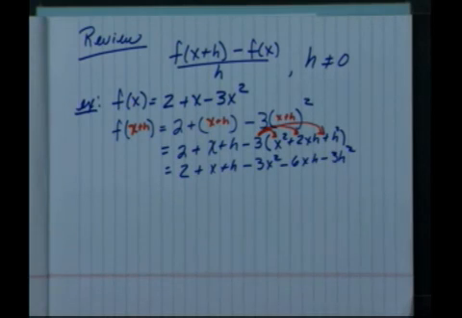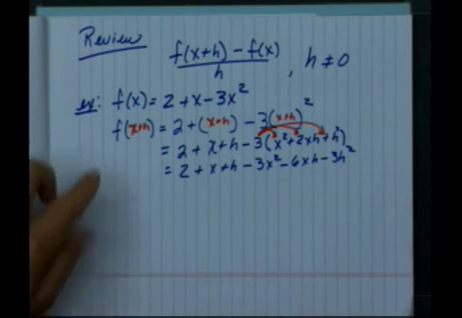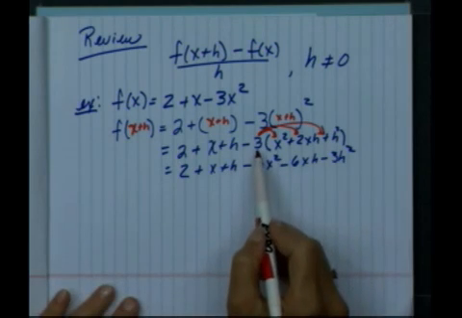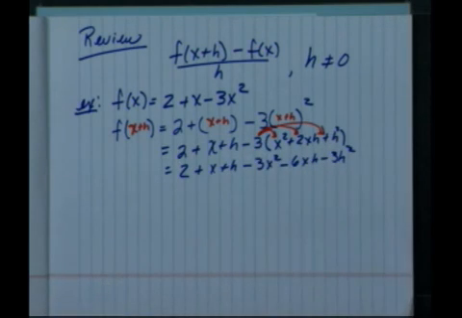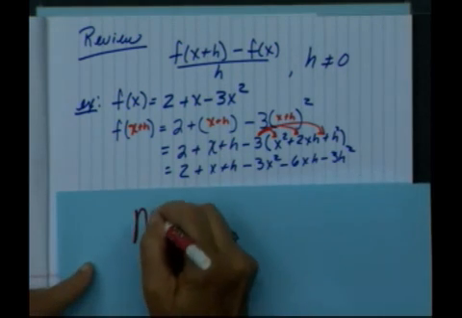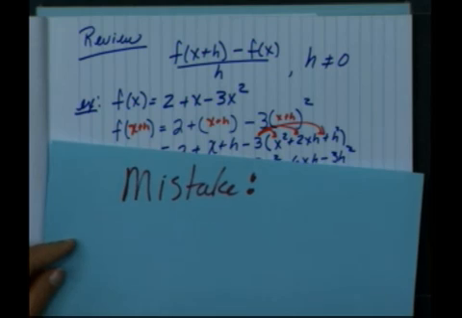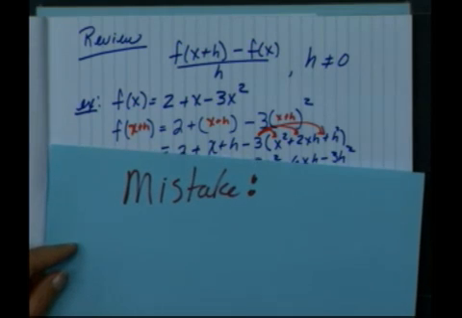All right, so the step that I've seen mistakes on so far is distributing the negative, or I've also seen this mistake. I'm going to label this mistake so you don't write this down, because then it might go to your long-term memory.